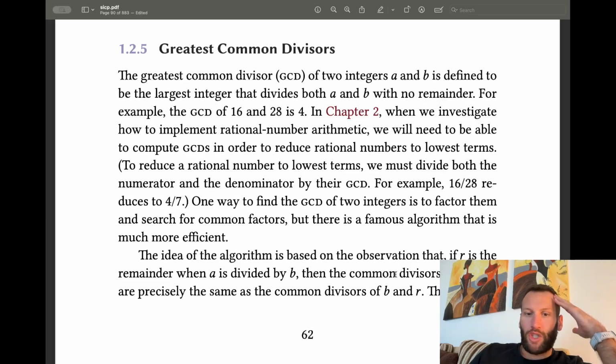One way to find the GCD of two integers is to factor them and search for common factors, but there is a famous algorithm that is much more efficient.